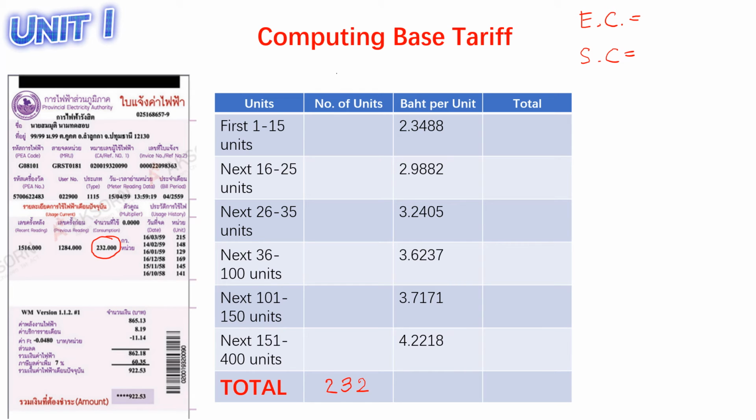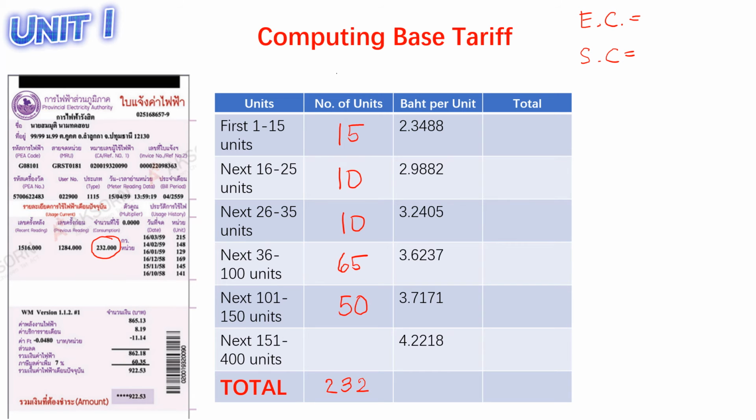First, 1 to 15 units, that's 15. Next, 16 to 25 units, that's 10. Next, 26 to 35, that's another 10. Next, 36 to 100, that is 65. And then next, 101 to 150, that is 50.